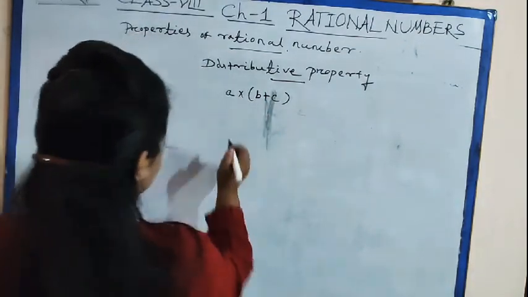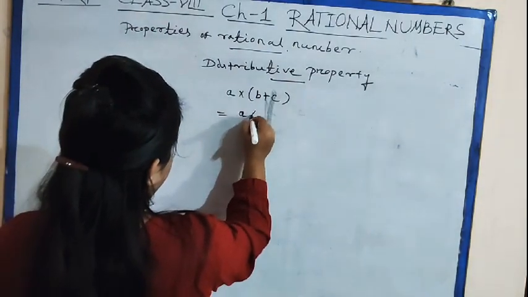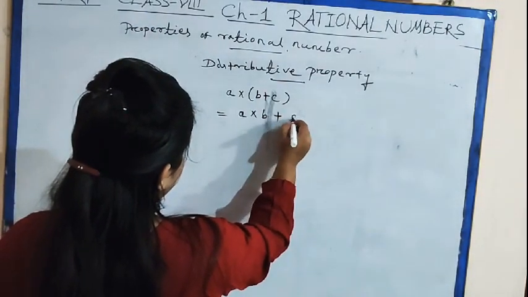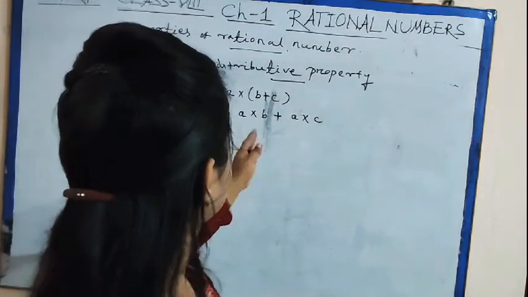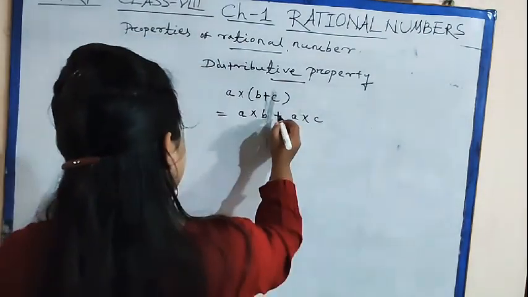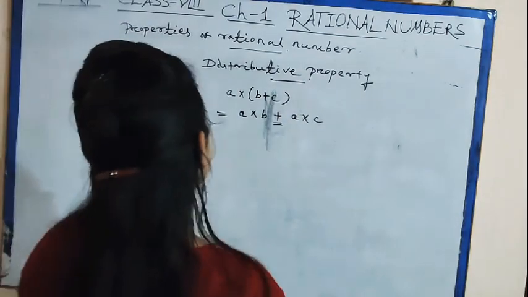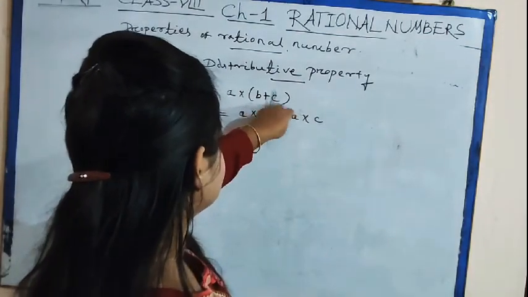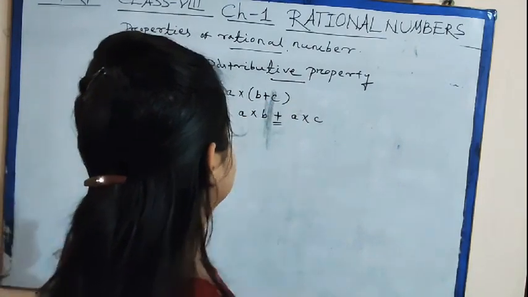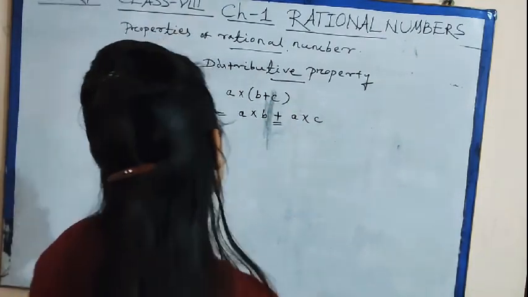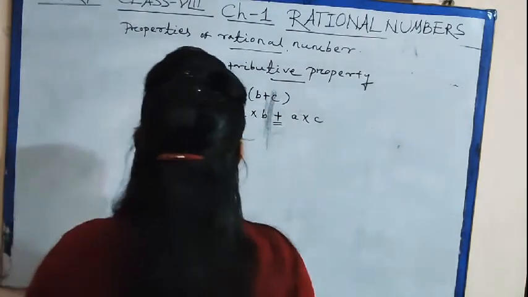You can write it as A multiplied by B plus A multiplied by C. It is known as the distributive property over addition. And the distributive property over subtraction means only you change the symbol: instead of plus you put the minus symbol. Others are the same. So this is the distributive property.